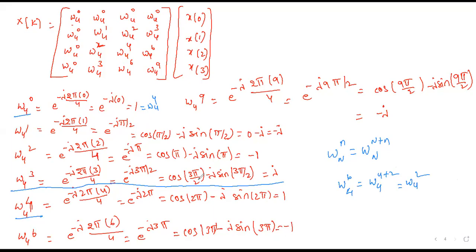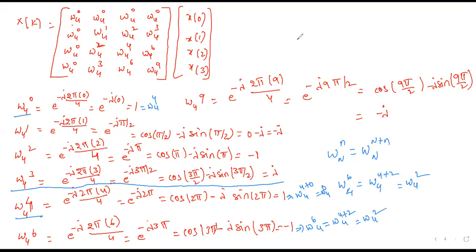So let us try to apply the periodicity here. Omega 4 power 4 can be written as omega 4 power 4 plus 0, which is equal to omega 4 power 0. And as we have already known, omega 4 power 6 can be written as omega 4 power 4 plus 2, which is equal to omega 4 power 2.